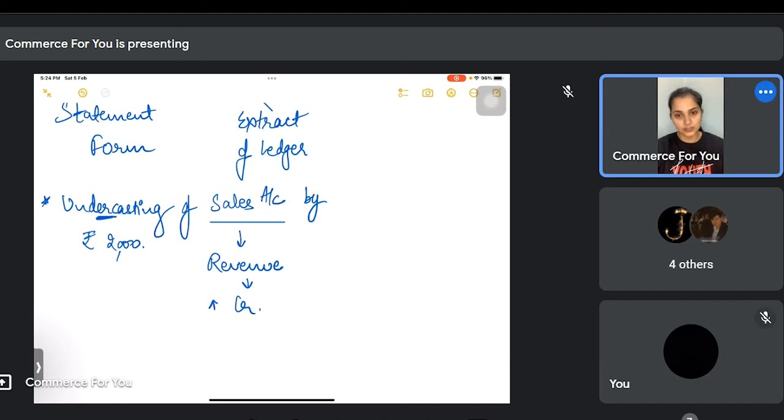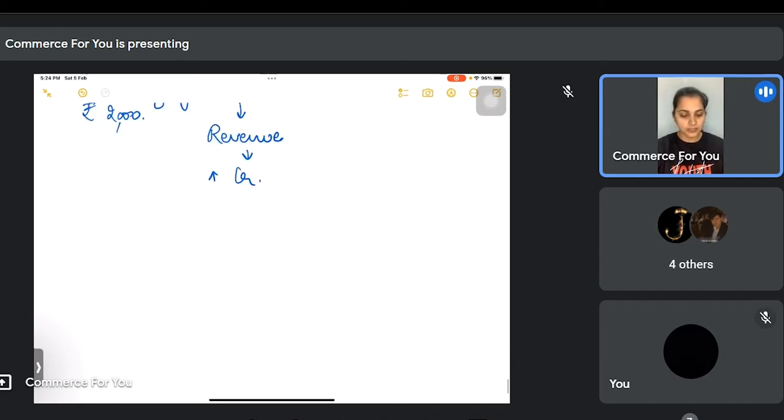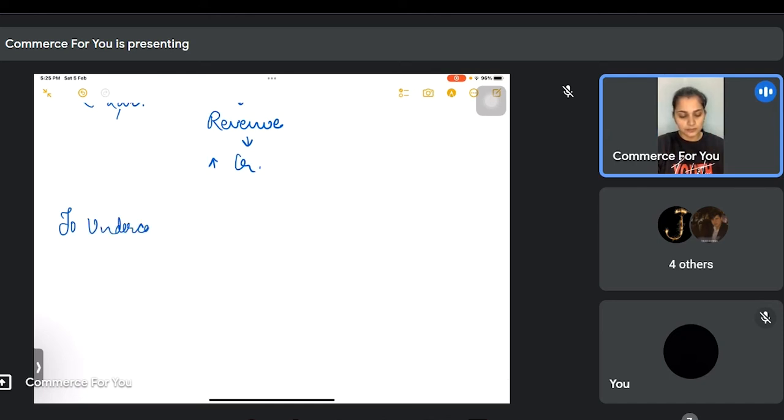That's credit only. So whenever we write on the credit side, we use the prefix 'to'. You'll be writing 'to undercasting of sales account' and by rupees 2000. That's all. This will be your correction.